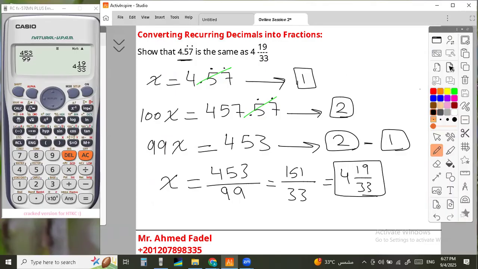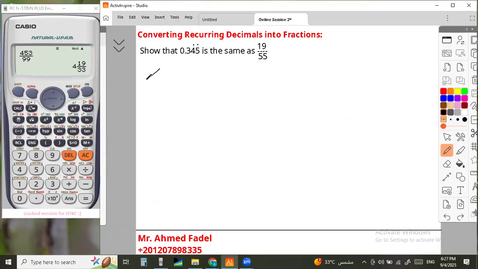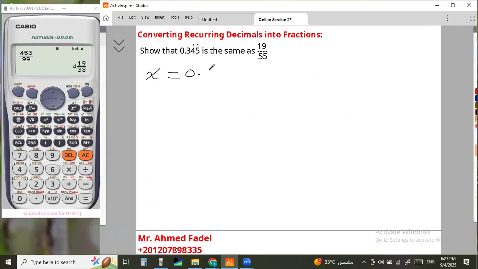The next and last example that we have over here is to show that 0.345, where the 4 and 5 are the recurring sections, is the same as 19 over 55. Let's do this. The same steps exactly. x equals 0.345 with dot notations above the 4 and the 5.